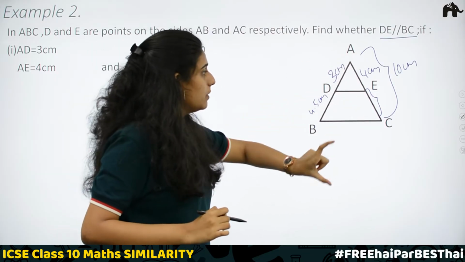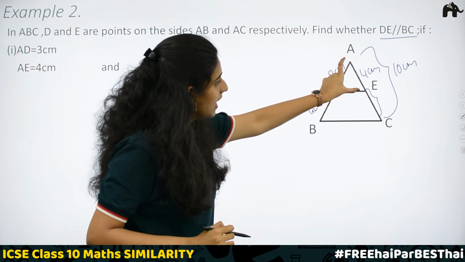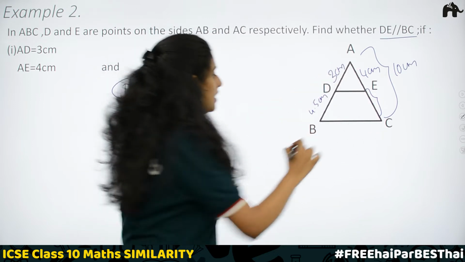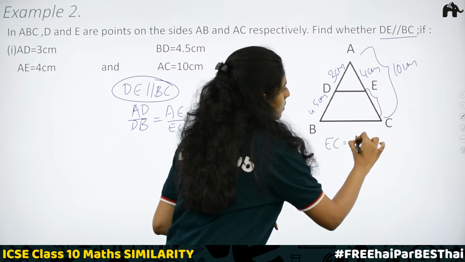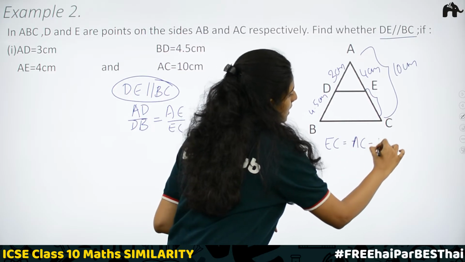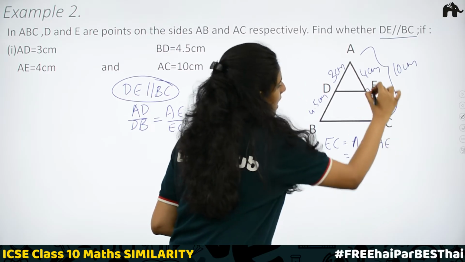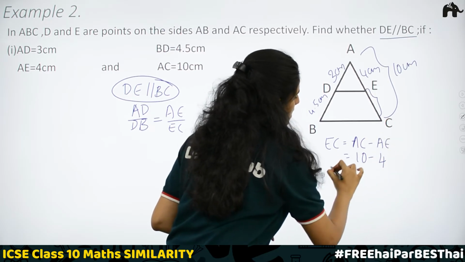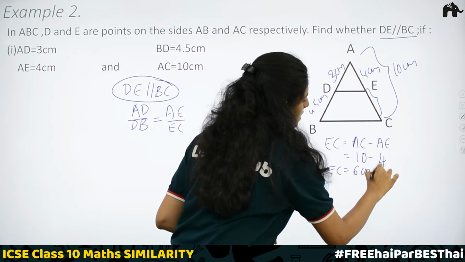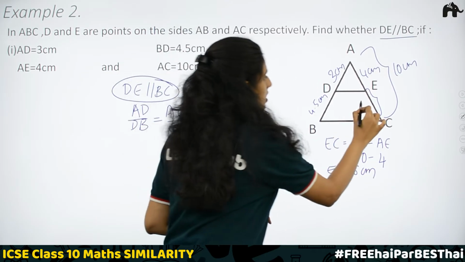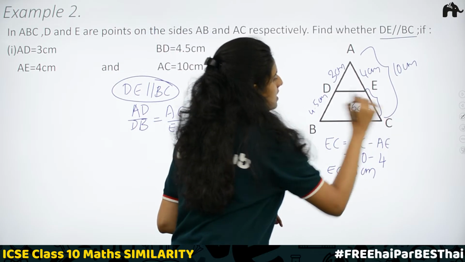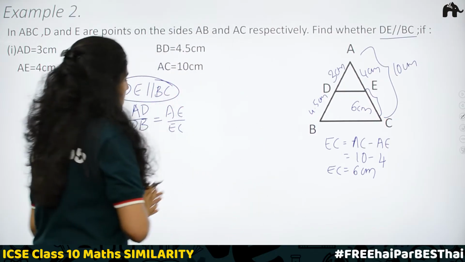So EC will be subtracting this AE from AC. Yes. EC will be equal to AC minus AE. AC is 10 centimeter and AE is 4 centimeter, which means EC is equal to 6 centimeter.